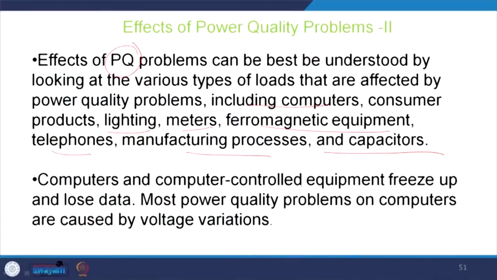Computers and computer control equipment freeze up and lose data. Data is now the new age fuel, please understand it. If you lose the data, you lose the business. Most problems on computers are caused mostly by voltage variation. So, you require to give a regulated power supply.